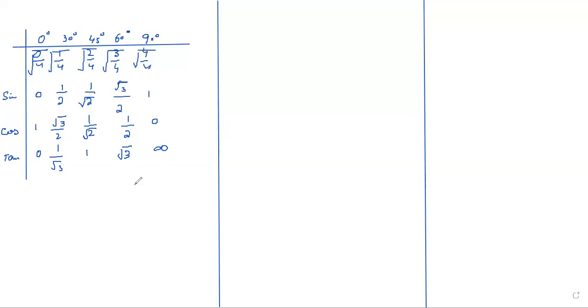Today's first question is, show that 2 sine 45 degrees plus 1 over 2 cosecant 45 degrees equals 3 over root 2. These are the angles in degrees.